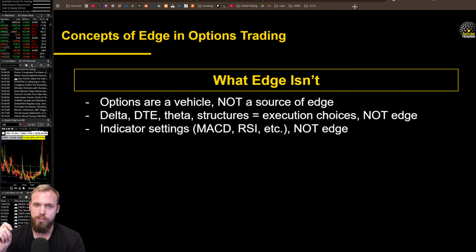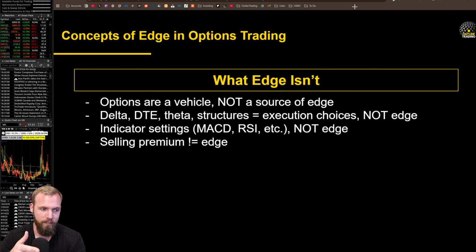Your indicator settings, whether you use 12-26 or 13-26 on your MACD, is not an edge. Those are signals defined by whatever methodology you're using that might help you identify or extract or maximize an edge, but they don't provide an edge in and of itself.